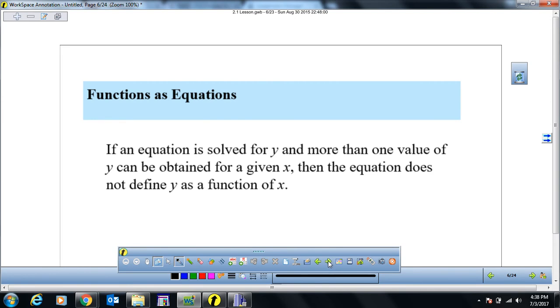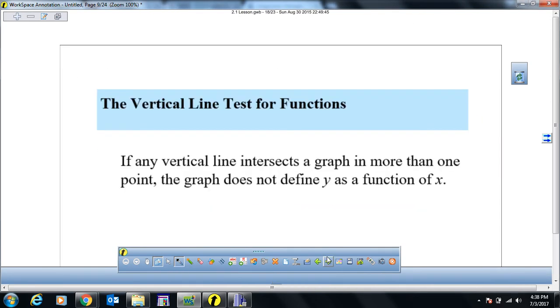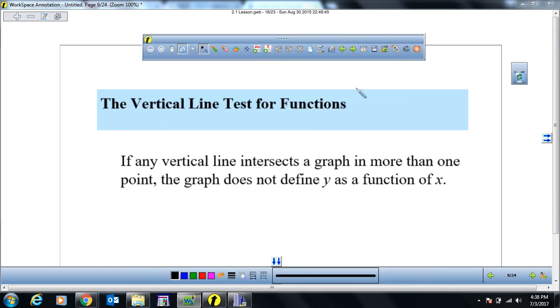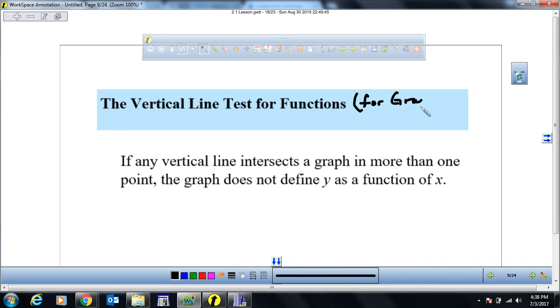Now, that's for equations. Now, how do we determine that a graph represents a function or not? Very simple. To determine if any value of x is being repeated by looking at a graph, all we have to do is what is called the vertical line test.